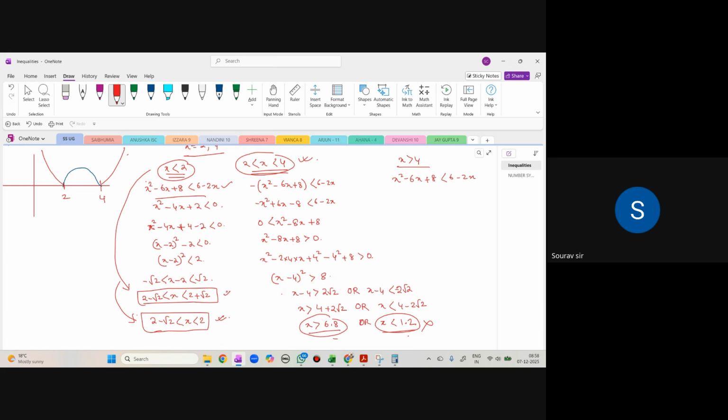So this gives me the solution of x greater than 2 minus root 2 and less than 2 plus root 2. Now I check my initial condition, x greater than 4.